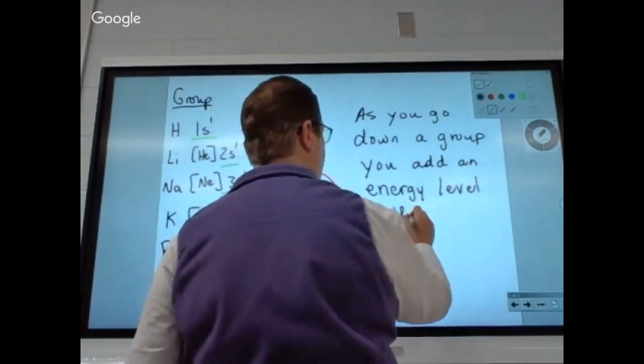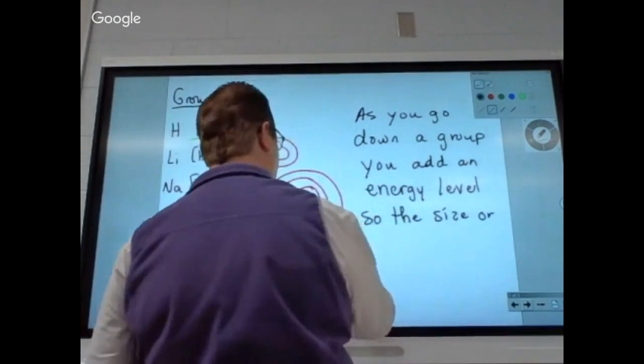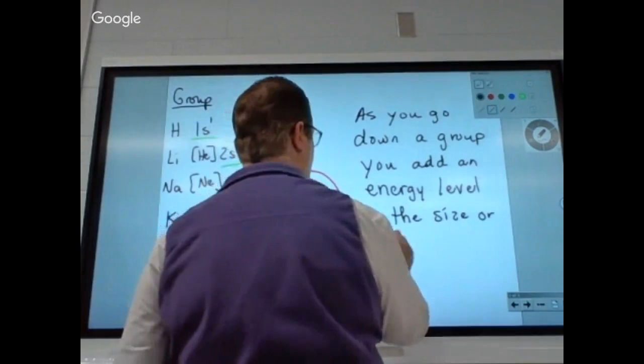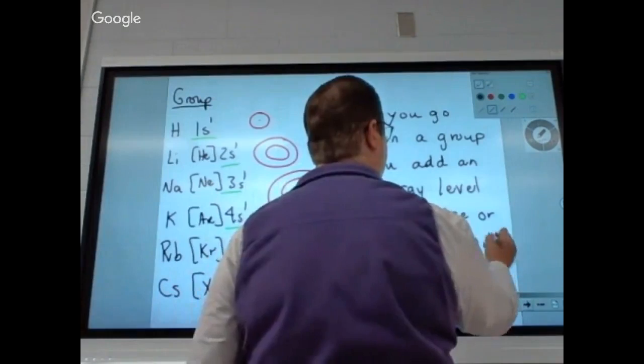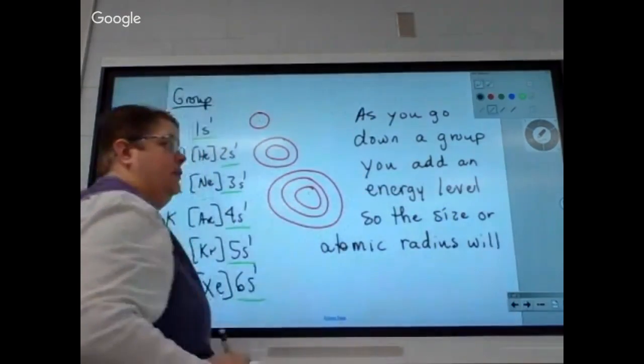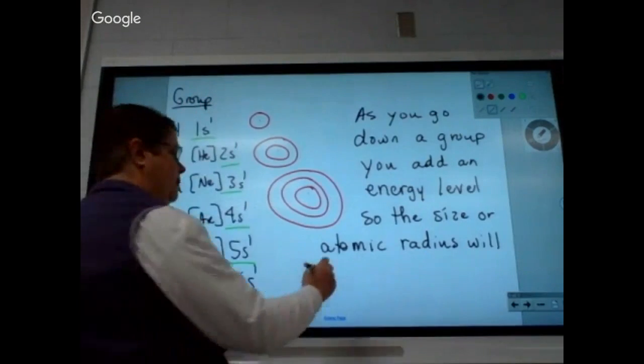So the size or atomic radius will what? What's another science word we can use? What? Increase.